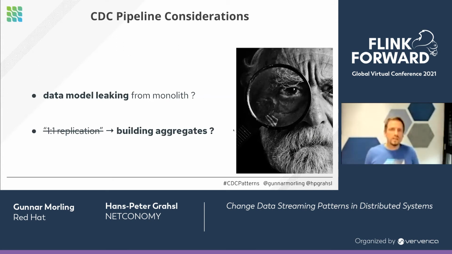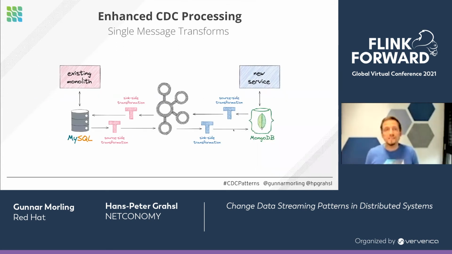And yes, these are legitimate concerns, but the good news is we can address them by enhancing our CDC pipeline. So first, we could just introduce single message transforms at either side of our data flow. These single message transforms allow us to manipulate the change data capture payload from Debezium in flight. So we can do things like rename fields or only include or exclude a subset of the payload's fields.